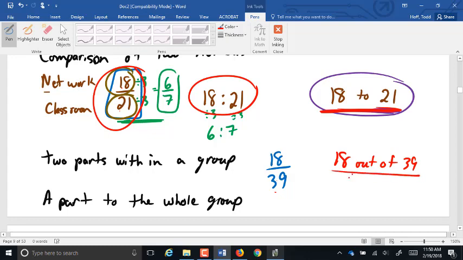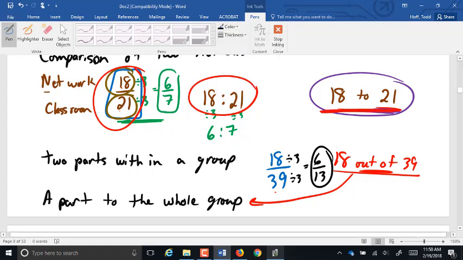So that second type of ratio has a little bit different wording that you use if you express it with words. But it can also still be reduced exactly the same as any of the others. Both of those are divisible by 3. That gives me a 6 out of 13, or 6 to 13 ratio.